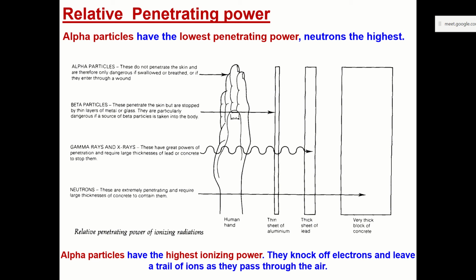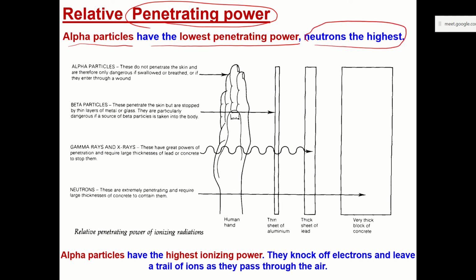If you compare the penetrating power of all these, you'll find that alpha particles have the lowest penetration and neutrons have the highest. What does that mean practically? If you have a beam of alpha particles and you just put your hand, it will stop here.